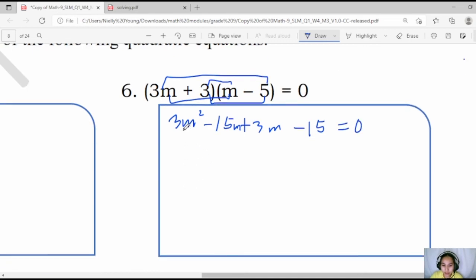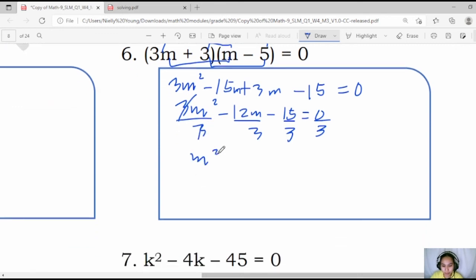Okay, so combine the like terms. 3m squared, negative 15m plus 3m is negative 12m, minus 15 is equal to 0. And then divide all the terms by 3. So m squared, minus 12 divided by 3 is 4m, minus 5 is equal to 0.